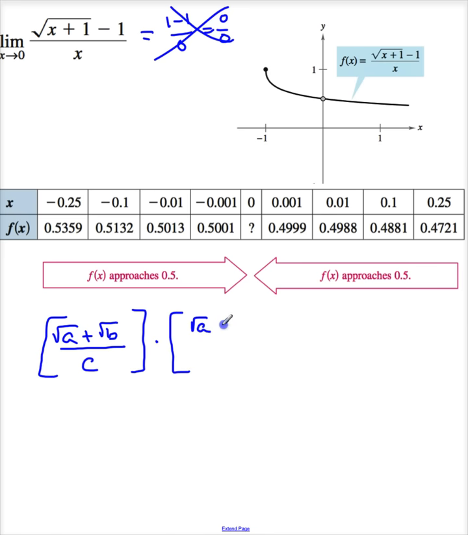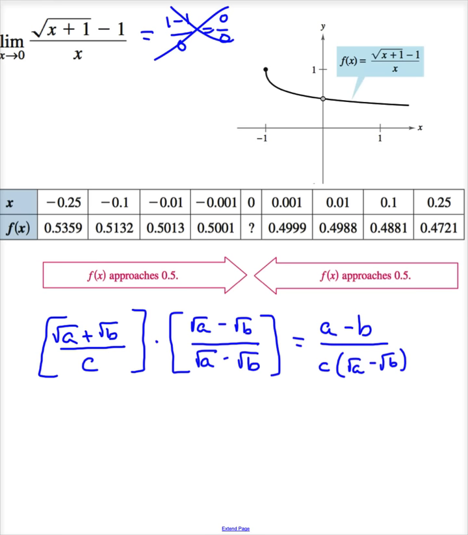So to multiply by the conjugate, I just change the signs. And I have to make sure I'm fair, and I do the same thing to the denominator. So if this were my situation and I were rationalizing the numerator, then this becomes the square root of a squared, minus b, divided by c times the square root of a minus the square root of b.